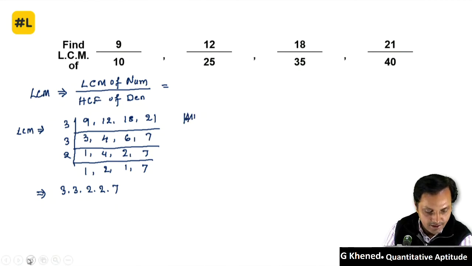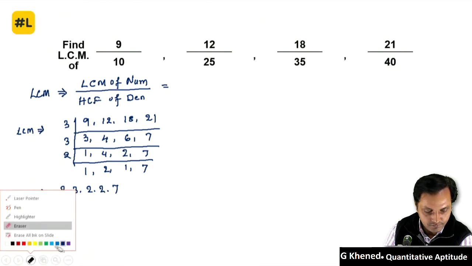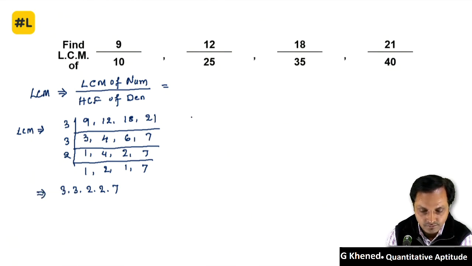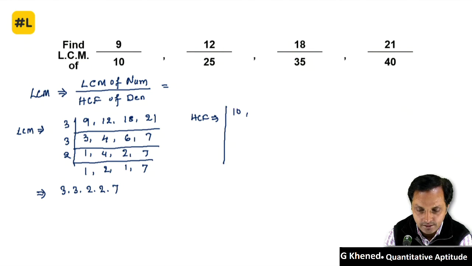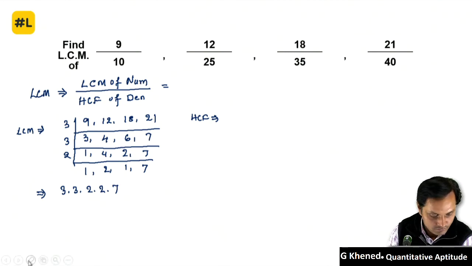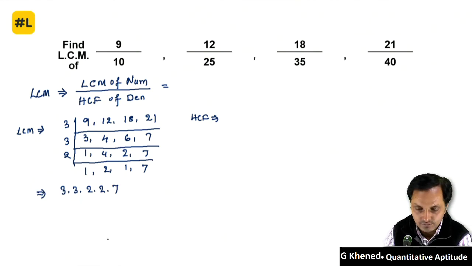HCF of the denominator. How to find the HCF of the denominator? Again the long division method you follow, 10, 25, 35 and 40.